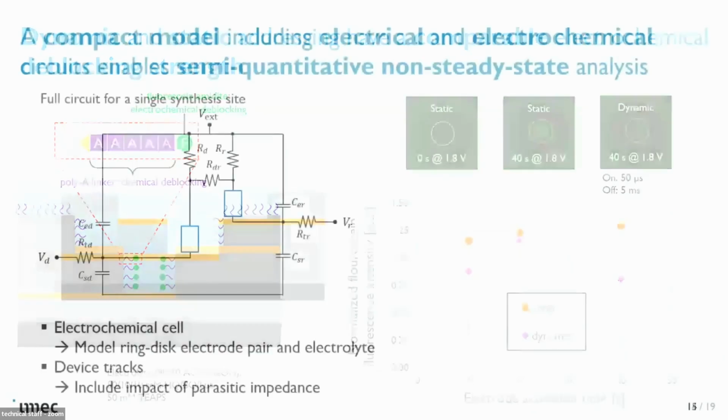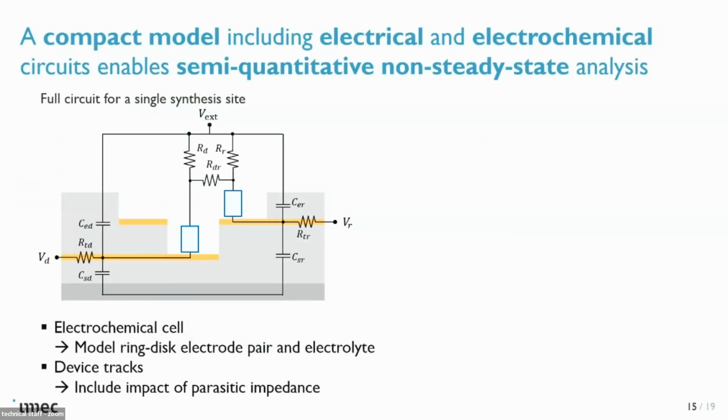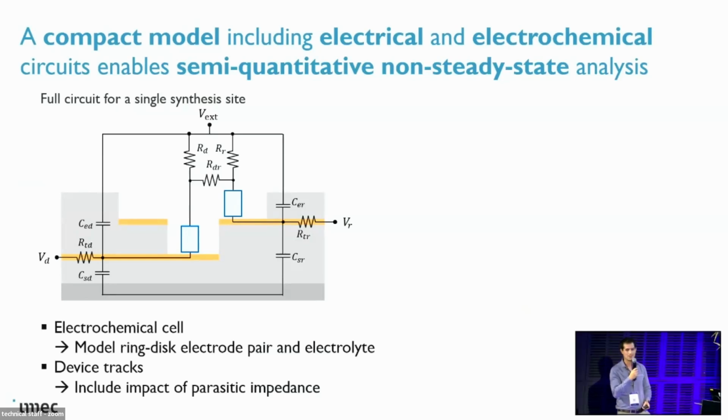Now, the device that we made is a very far cry from ultra high density, right? It's 40 micron pitch, that's not 100 nanometer. And in order to make sure that whatever we find, we can extrapolate to an actual realistic device, we set out as well to build a compact model, which is basically a circuit model that captures the dynamic behavior of such a system.